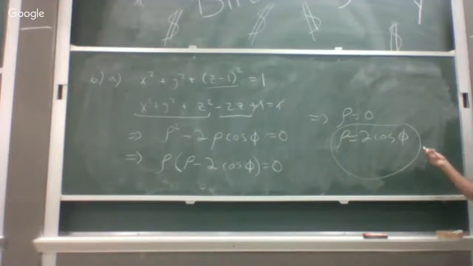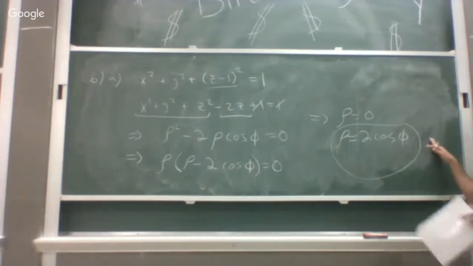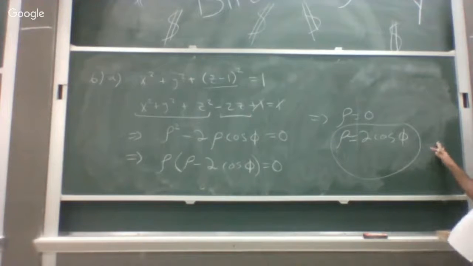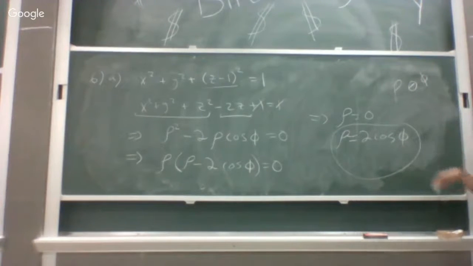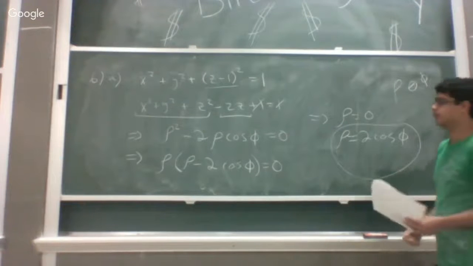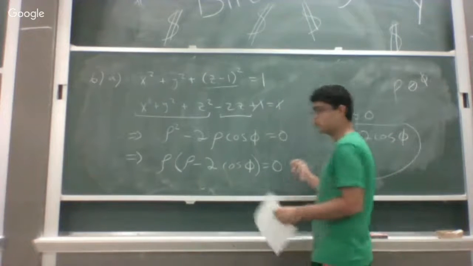You could have a term where rho is equal to something with cosine of phi, something with theta, like sine of theta, and you'd be done there. The point is to get to rho, theta, and phi, and then simplify it if you can. If we had sine of phi divided by cosine of phi, we would put tangent of phi to put it in simplest terms. So any other questions on this?